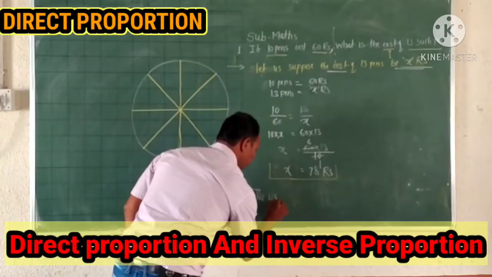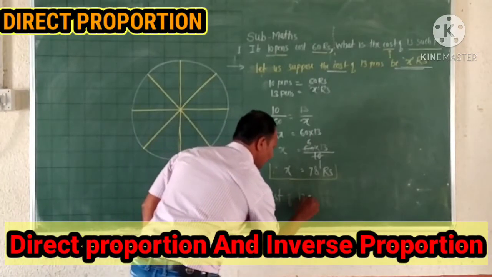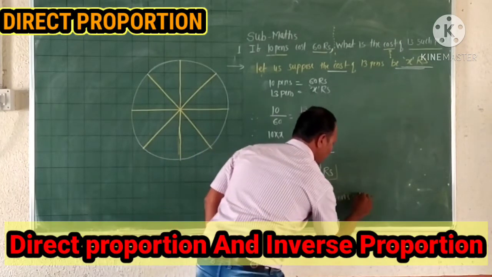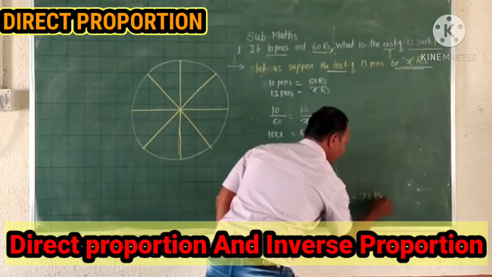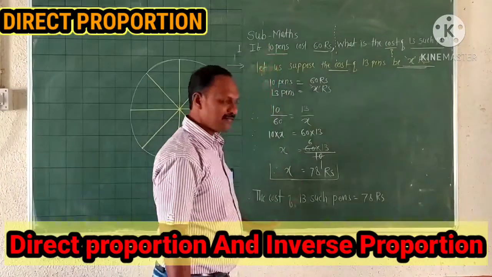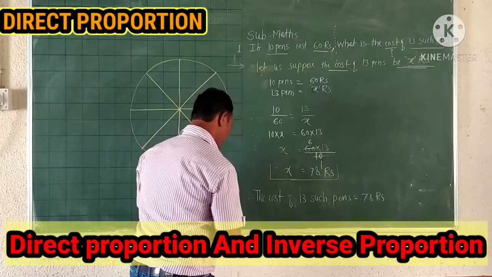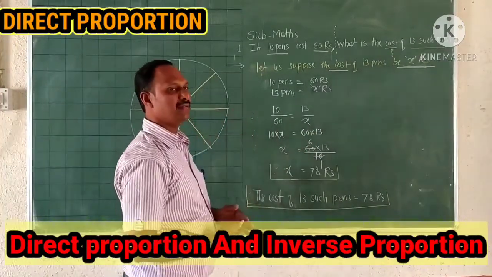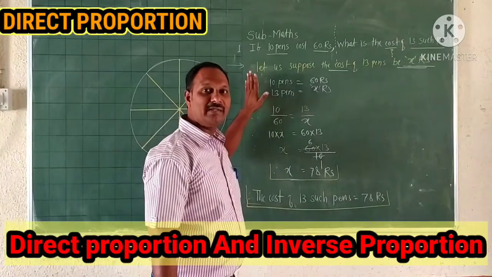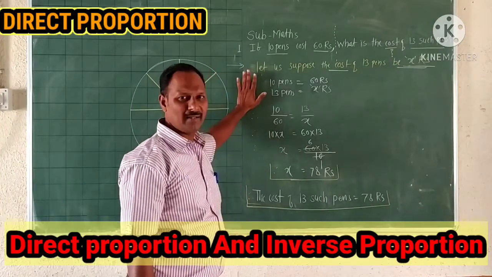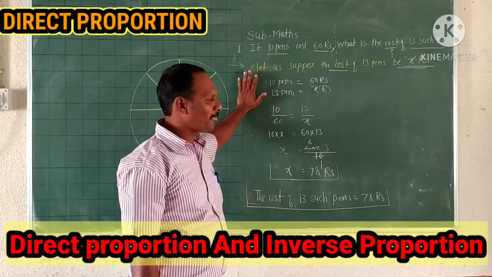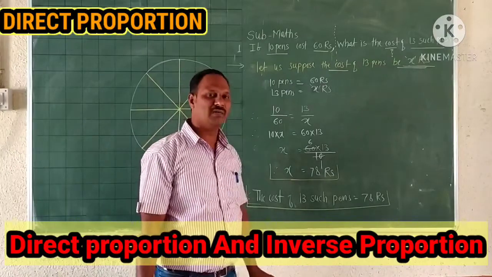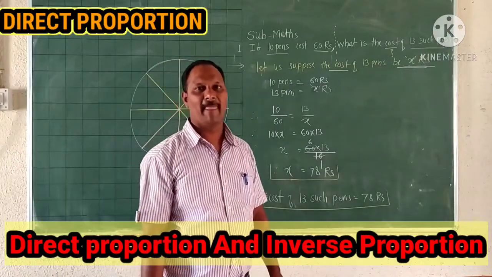The cost of 13 such pens is 78 rupees. That is our question and this is our answer. You write here also. Take your practice. This is the example that depends on direct proportion. It is a very simple method and simple examples are there. Okay. So this is the one type of example that depends on direct proportion. Okay. And thank you.